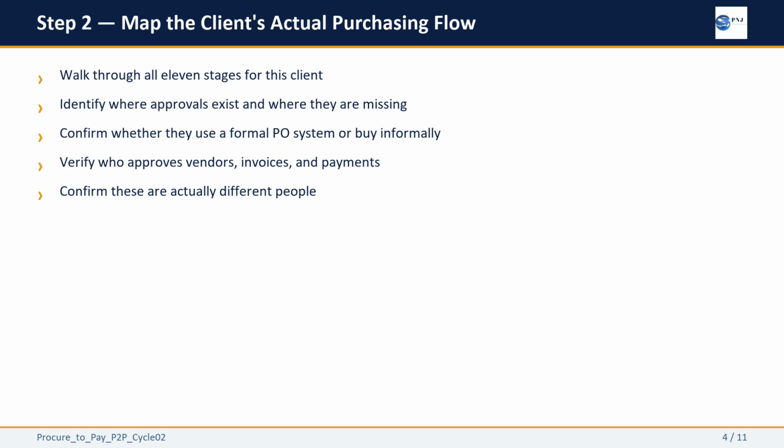Who does it? Are the vendors, invoices, and payments approved by genuinely different people? The gap between the documented process and the actual process is where the real advisory work lies. Clients often have a procurement policy that says the right things, but in practice, approvals are skipped, the PO is raised after the invoice arrives, and one person handles everything from vendor setup to payment.